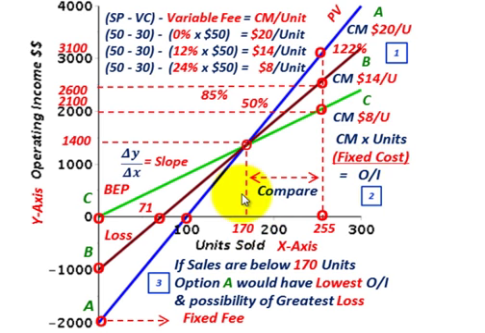So for looking at this $1,400 in operating income for 170 units sold for all three cases, starting out with option C, $8 per unit. I've rounded everything off into even numbers here. You can do the arithmetic, but I just rounded them off so they're easy to look at. So just looking at our $1,400, maybe that's the easiest.